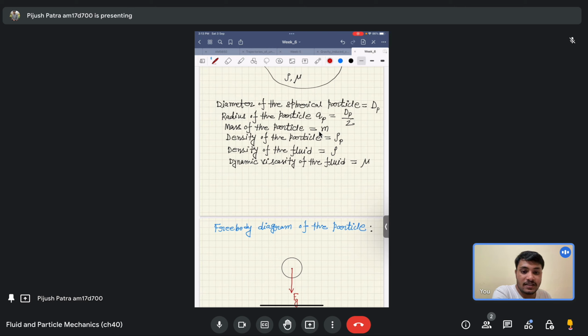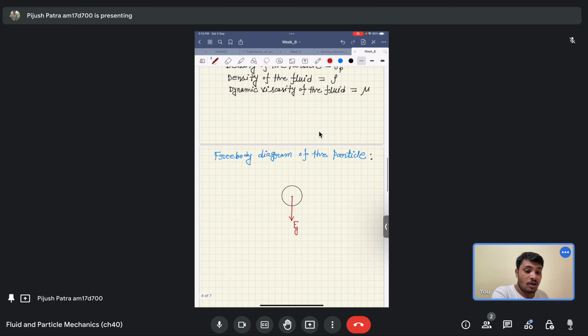When you have the density difference, there will be a buoyancy force which will try to resist the motion, or which will act in the direction opposite to the velocity. So you will have the buoyancy force which is acting upward. I will call it Fb.